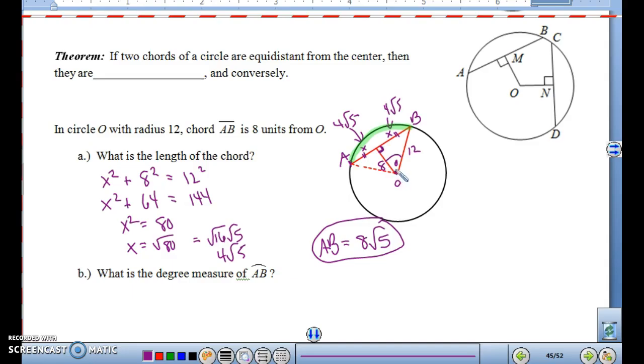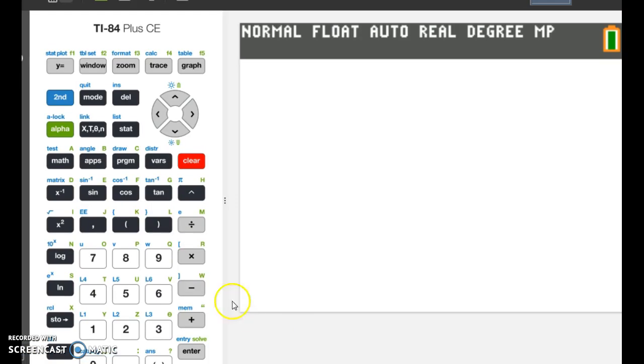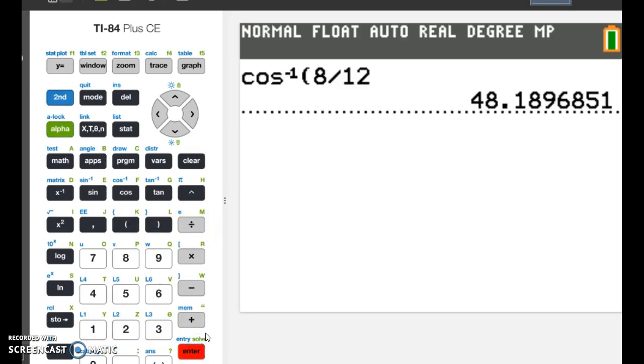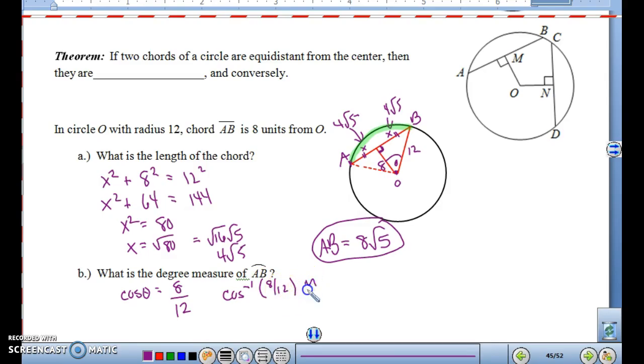Let's use SOHCAHTOA. Let's use cosine because we know this is 8 and we know this is 12. So the cosine of theta is equal to 8 over 12. Since we're looking for the angle, we want to use inverse cosine. Make sure your calculator's in degree mode. So second cos of 8 divided by 12, and we get 48 degrees approximately.